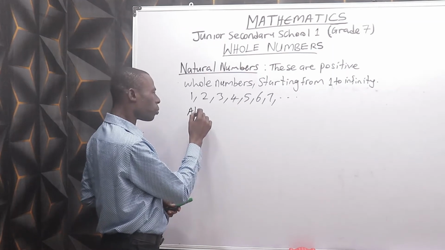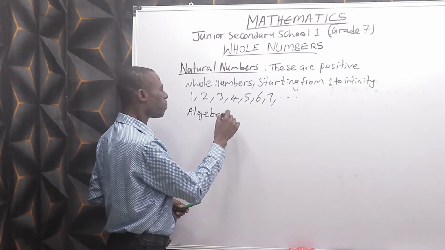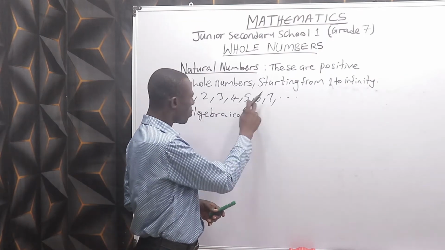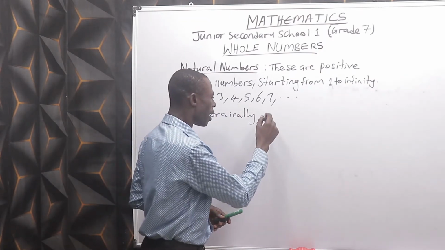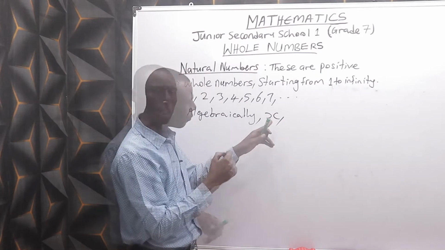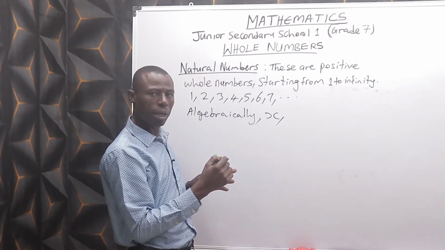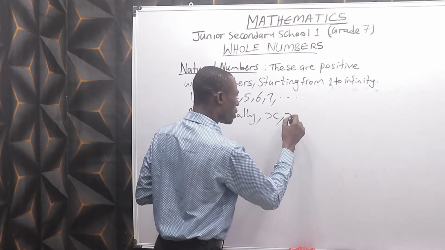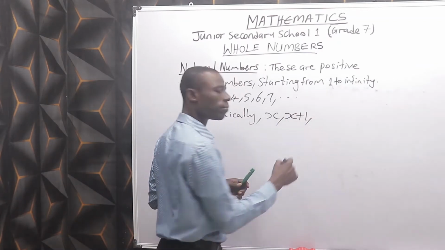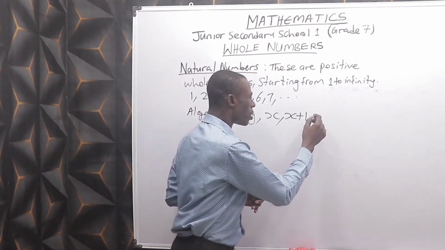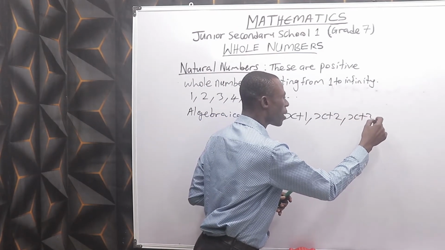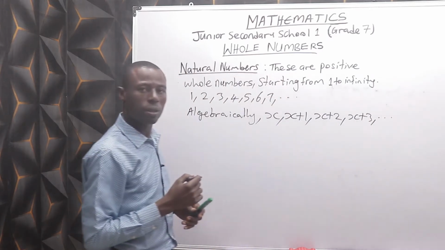We should take note that algebraically, these numbers can be represented as x. If an initial number, which is a natural number, is x, the next one is expected to be x plus 1, while the next one is x plus 2, and then x plus 3, and so forth.